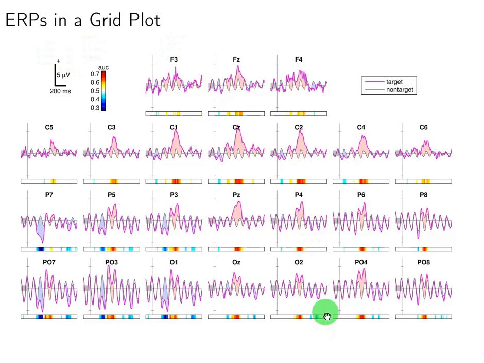Another way to visualize ERPs is usually done in a grid form. Here we have 25 channels, with target and non-target, and we see shading that shows the difference between amplitude values. We also have color-coded rectangular values that represent the separability measure.